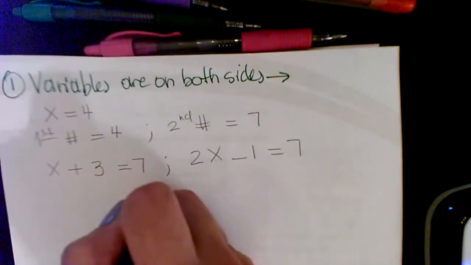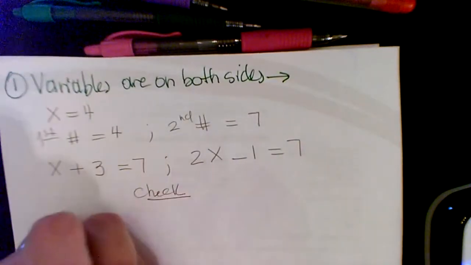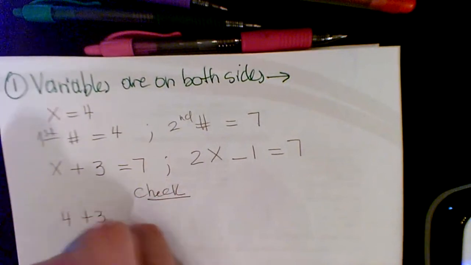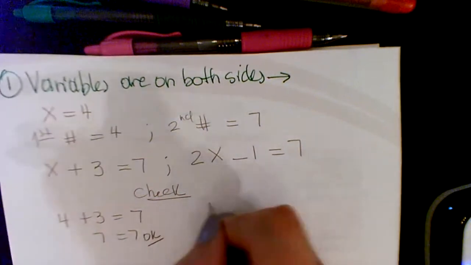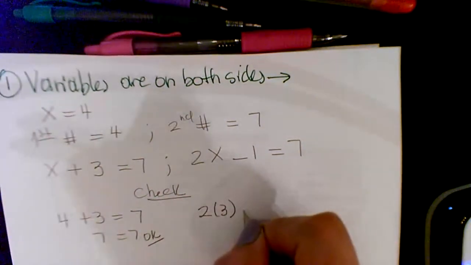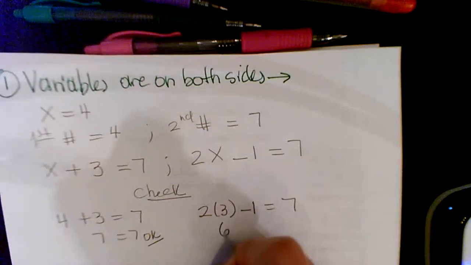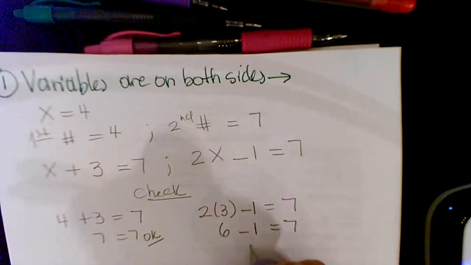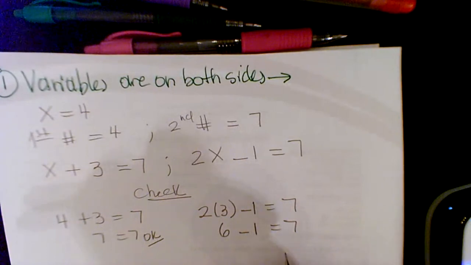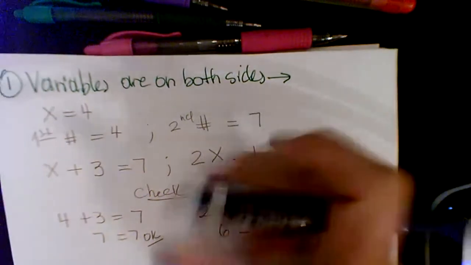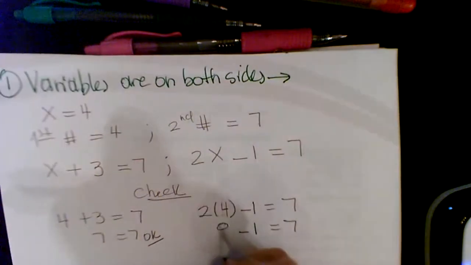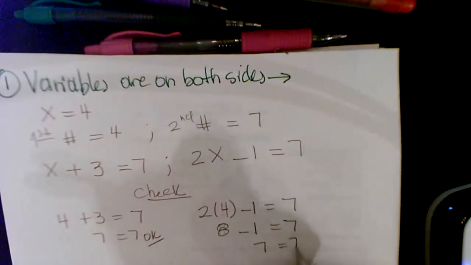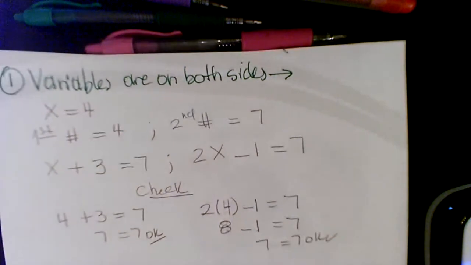And let's check that. So if x is 4, plus 3, it's 7. 7 is equal to 7. This is good. Now replace x with 4, so 2 times 4 is 8. 8 minus 1 is 7. So it's working, right?